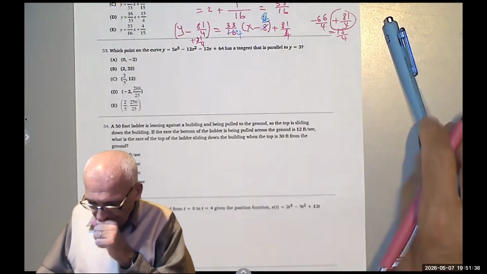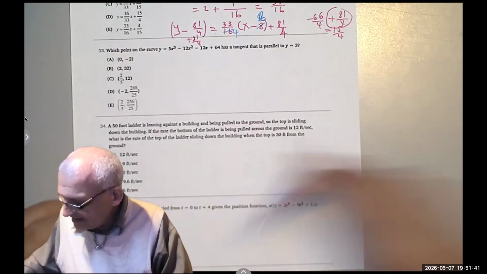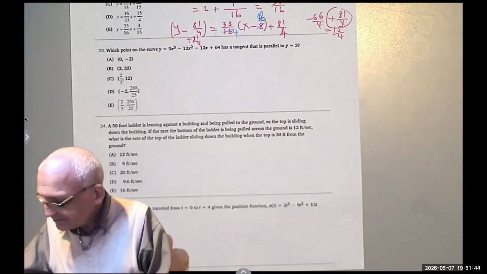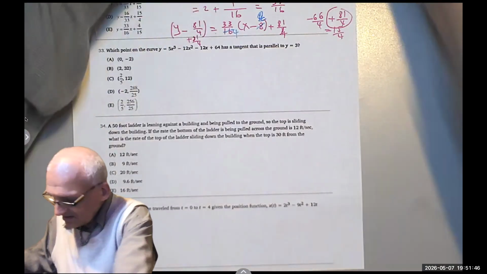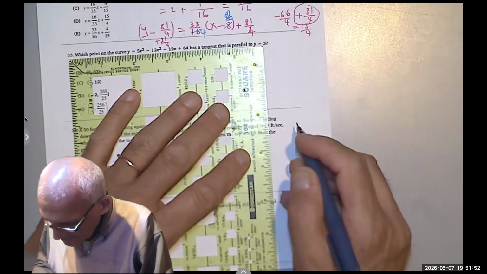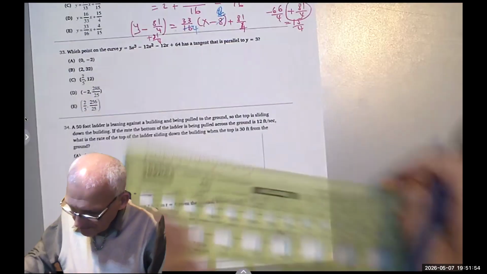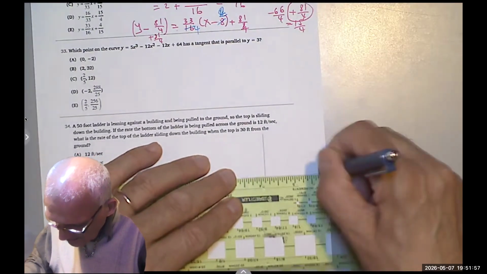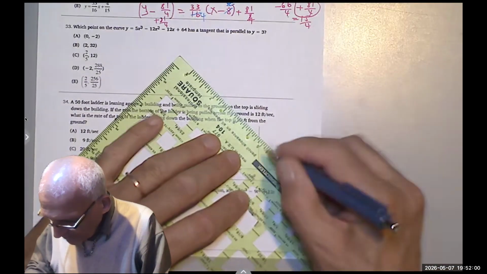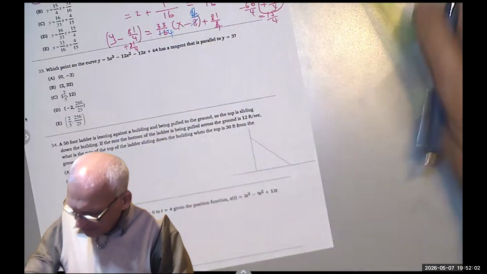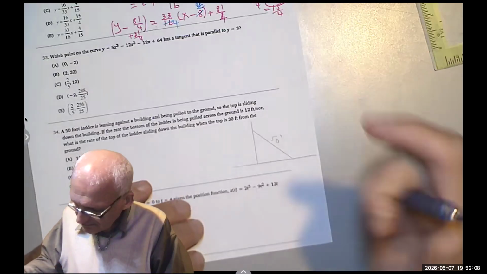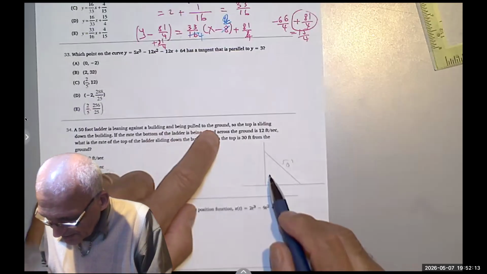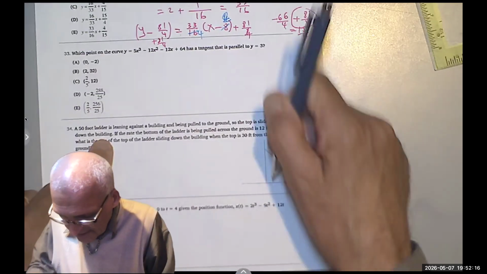Number 34. A 50-foot ladder is leaning against a wall. Just want to draw it. This is 50 feet. It is leaning against the building and being pulled to the ground, so the top is sliding down the building.